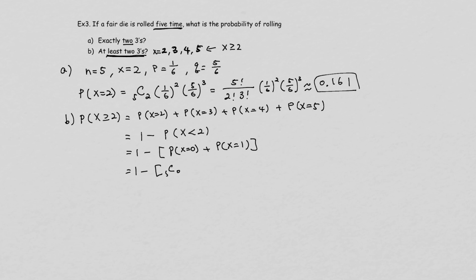So when I figure out the probability of x equals 0, you will get combinations of 0 out of 5, 1 over 6 to the 0 exponent, and 5 over 6 to the 5 exponent, plus combinations 1 out of 5, that's when x is 1, 1 over 6 to the first, and 5 over 6 to the fourth.